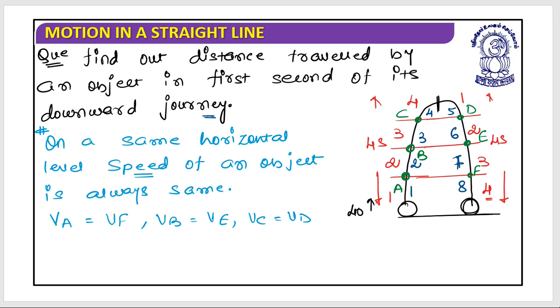Let's say this is x1, this is x8, this is x2, sorry, this is x7, this is x3, this is x6, this is x4, and this is x5.